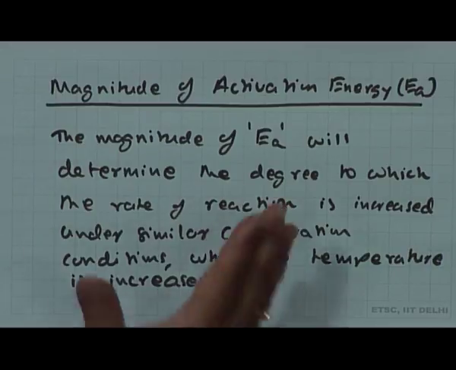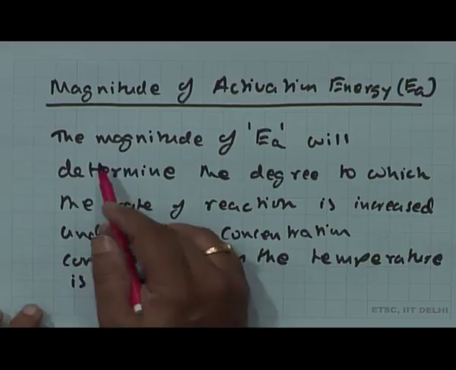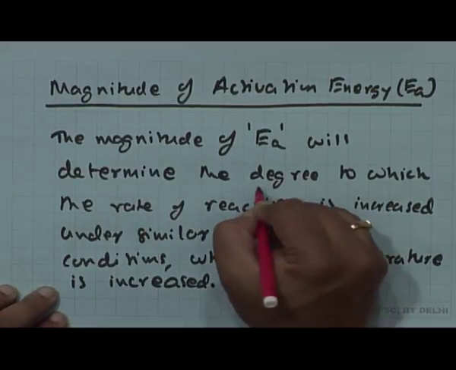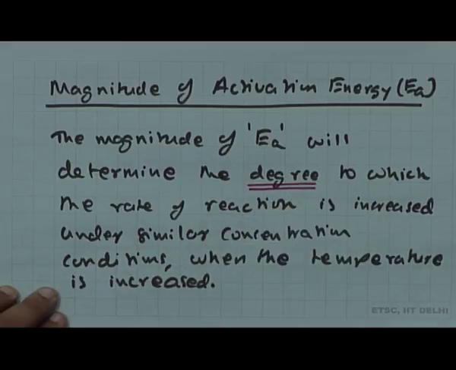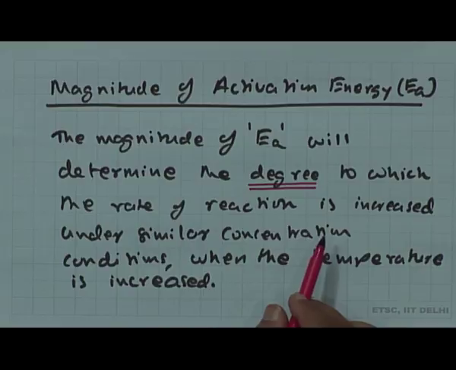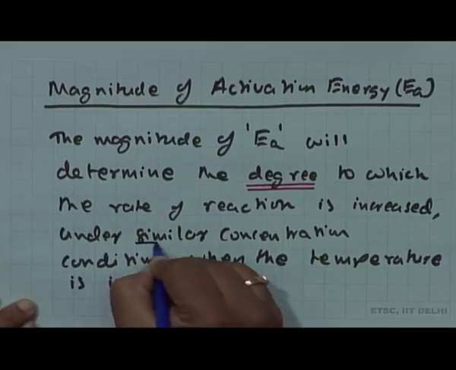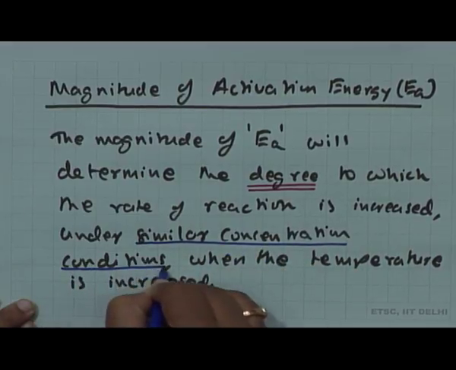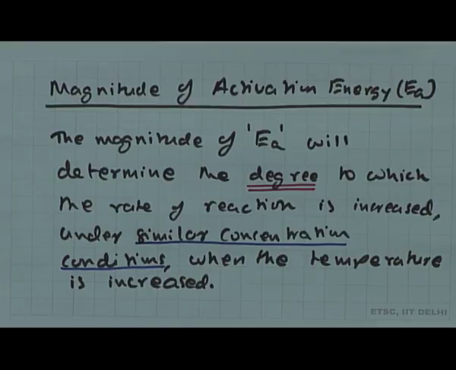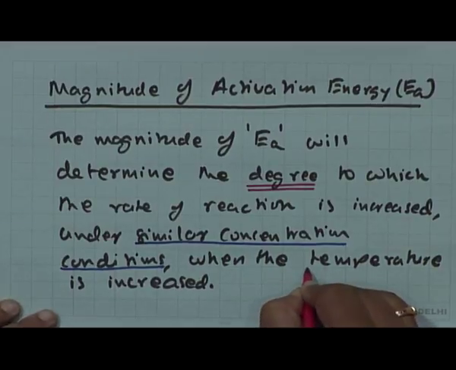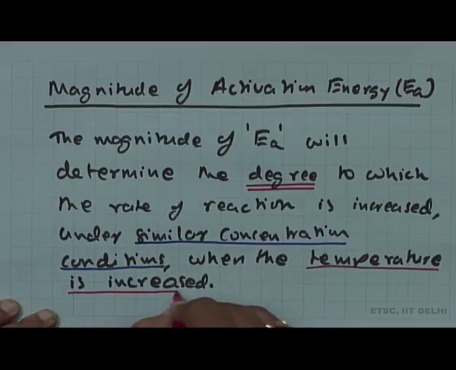So again, what does the magnitude of EA tell you? It will determine the degree to which the rate of reaction is increased, under similar concentration conditions. This is extremely important: you are not changing the concentrations, because you cannot change everything, since rates also depend upon concentrations.